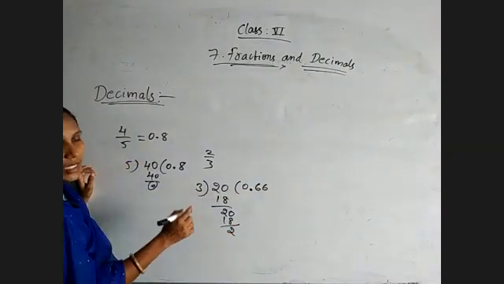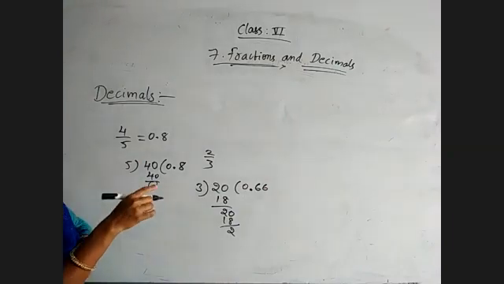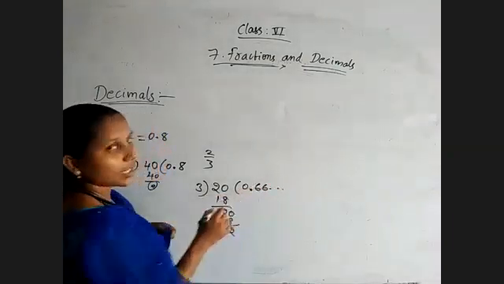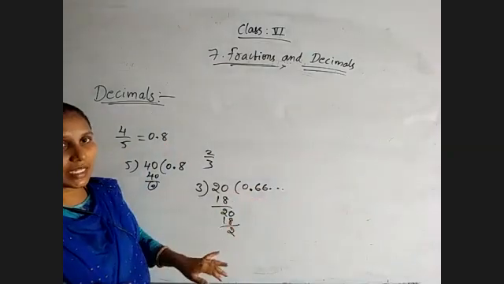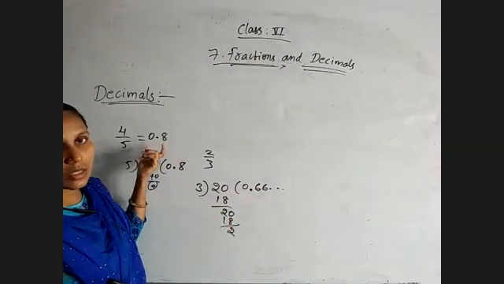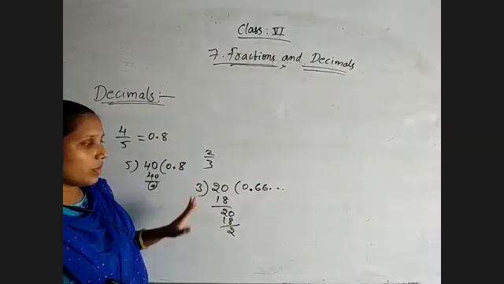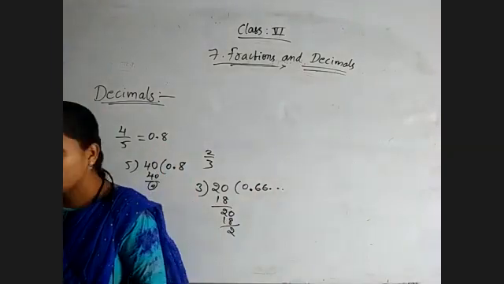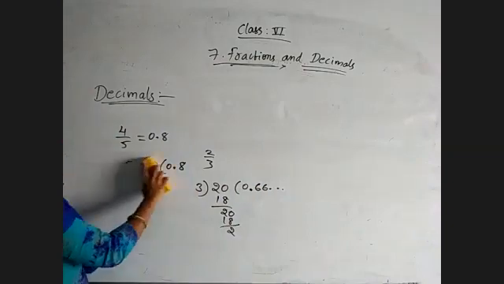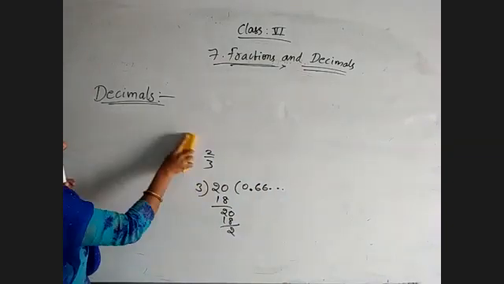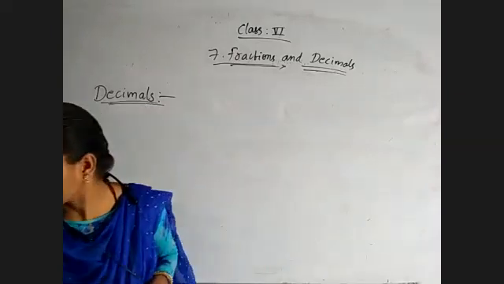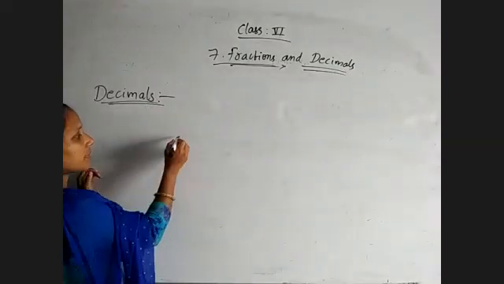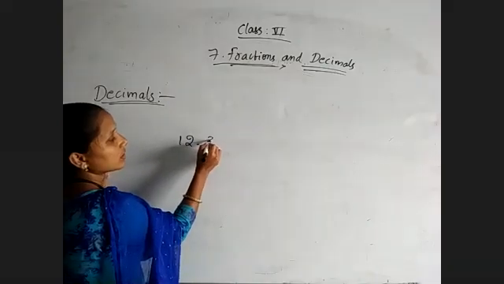There is no end. 0.666 like that. So decimal numbers which are not ending are said to be non-terminating decimals, and those which are ending are said to be terminating decimals. But no need of that now. First of all, we will see what a decimal number is and how to perform addition, subtraction, multiplication, division on decimals. Suppose I am taking one number like this.